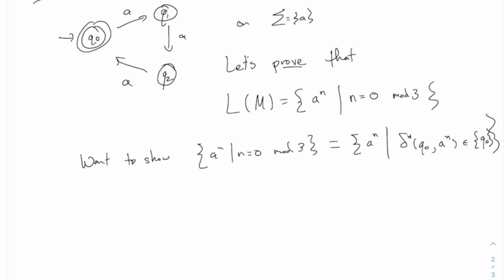Now, actually, we can simplify this immediately a little bit. Rather than saying an element of that set of one element, you can just say that it equals q0. So this is the same as δ*(q0, a^n) = q0.